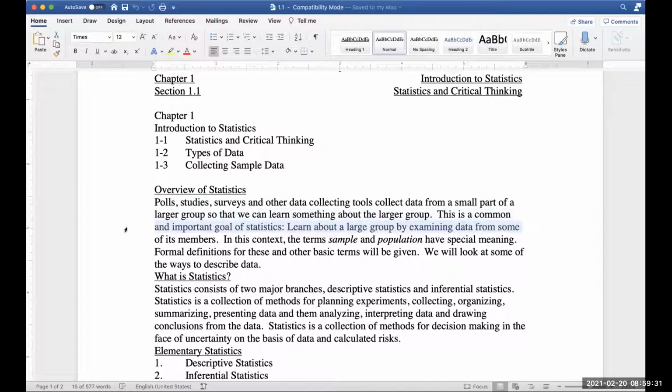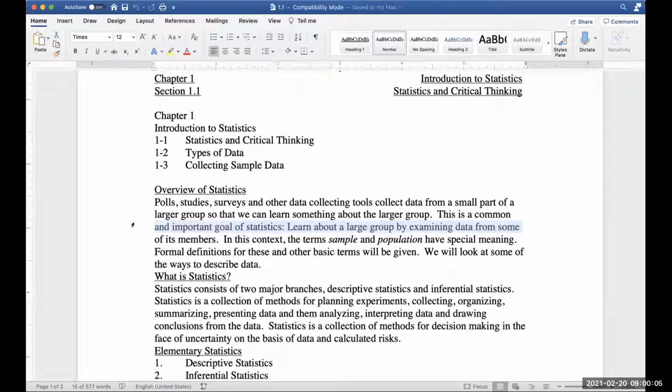And so, an important goal of statistics. One important goal of statistics is to learn about a larger group by examining data from only some of its members, not all of its members.